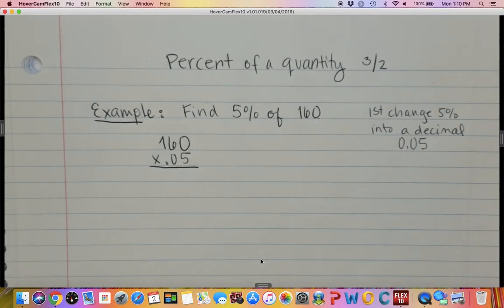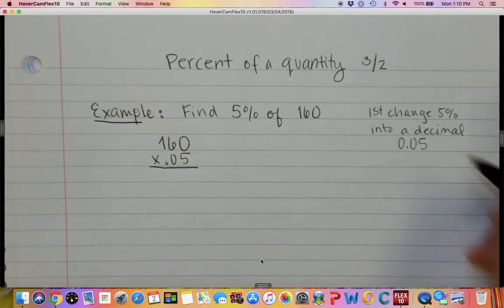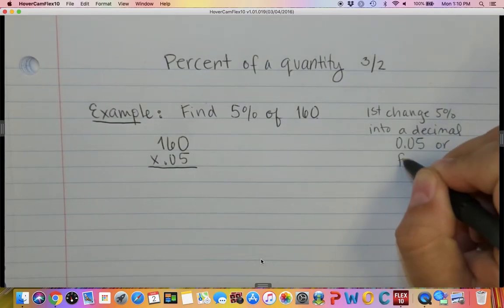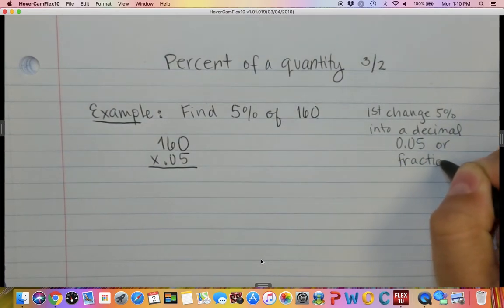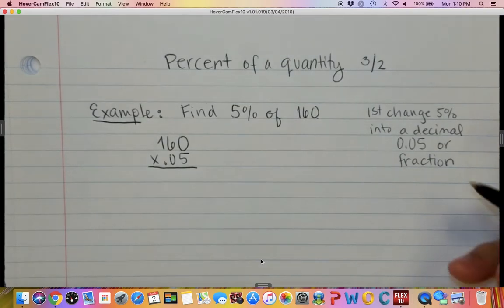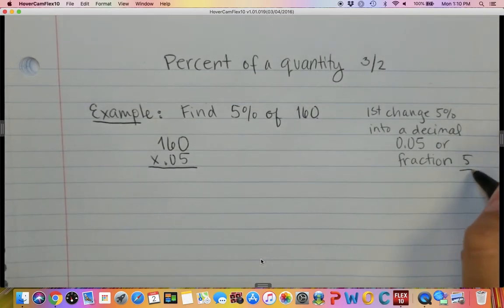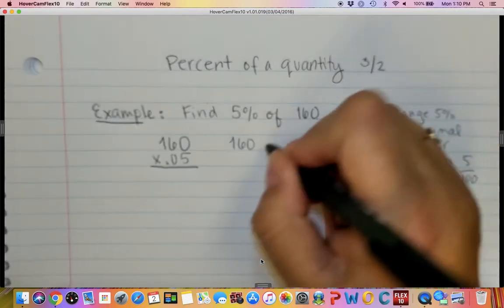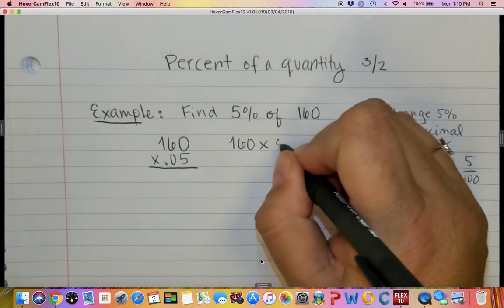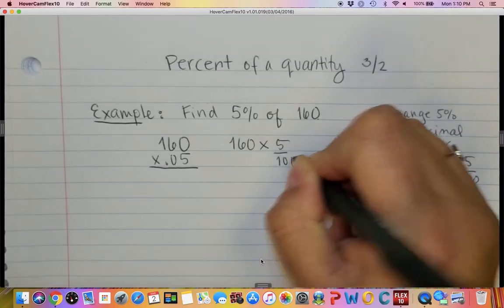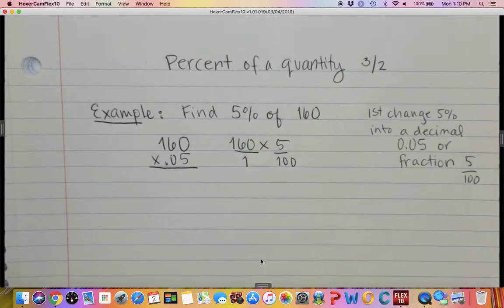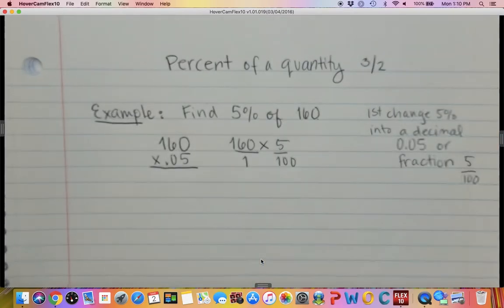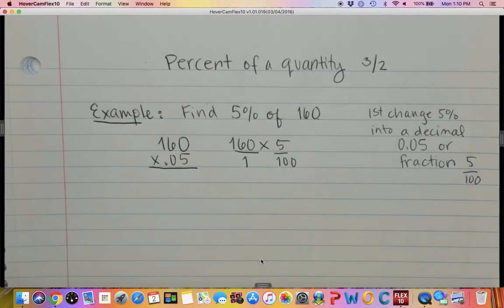I can also turn it into a fraction. I guess I'll show you the fraction way. I just never used fractions, but it's also a way you can do it. I could do 160 times 5 over 100, and I put that 1 down there. Either way, you'll get the same answer.